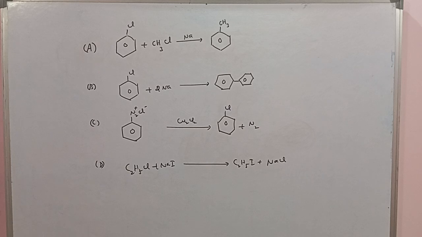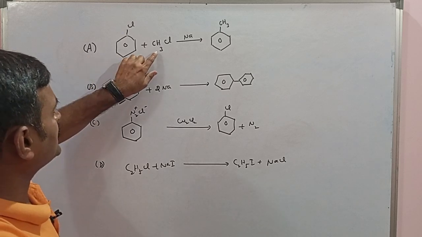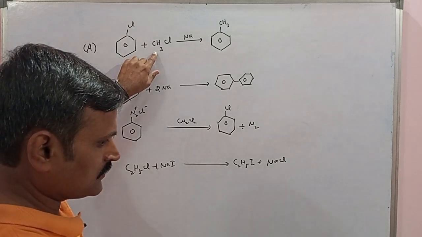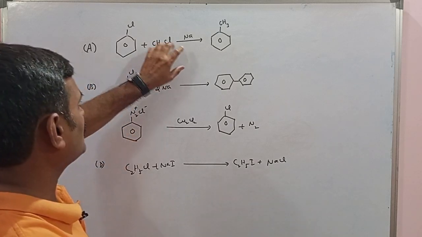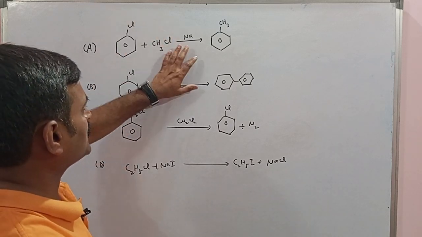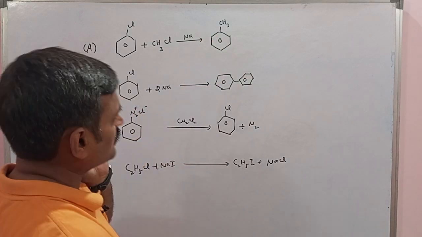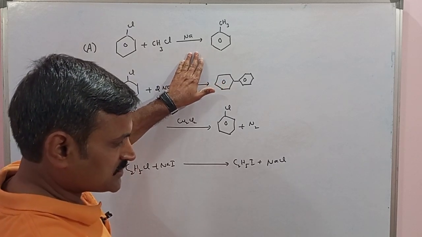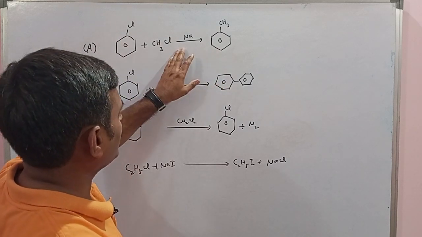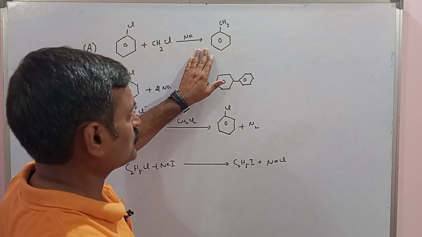Let us observe this one. First one, if you carefully observe A, chlorobenzene is treated with CH3Cl in the presence of sodium metal. Sodium metal takes away the halogens, forming methylbenzene, called toluene. Toluene is nothing but an alkylbenzene. To prepare this type of alkyl aryl hydrocarbons, we need to discuss one named reaction.